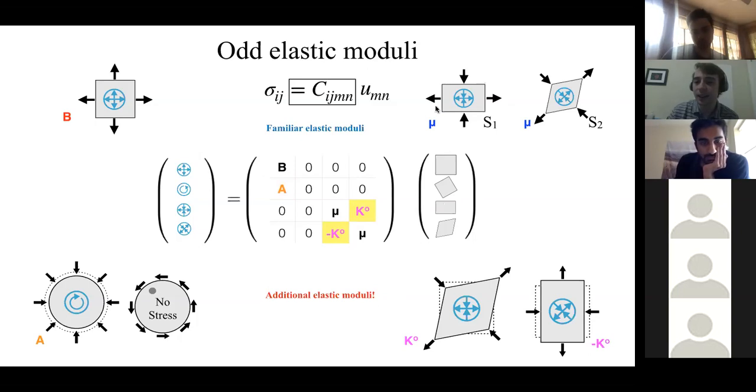And notice here that unlike the regular shear modulus, where the stress represented by these blue arrows is always parallel to these black arrows, the K naught rotates the blue arrows 45 degrees clockwise with respect to the black arrows. So it's this chiral coupling in the space of shears.